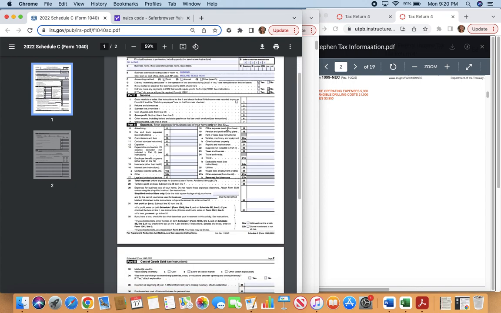This is $600 for contract labor. So he earned $85,000. There was taxes in the amount of $3,950 right here. It's noted.